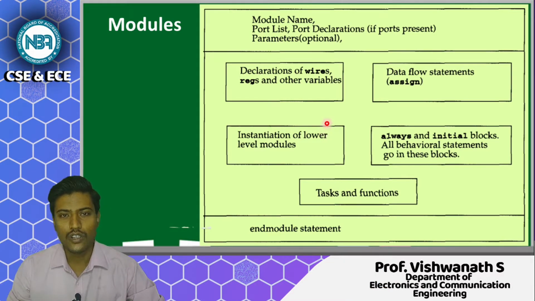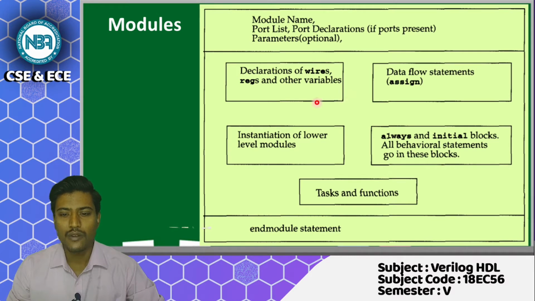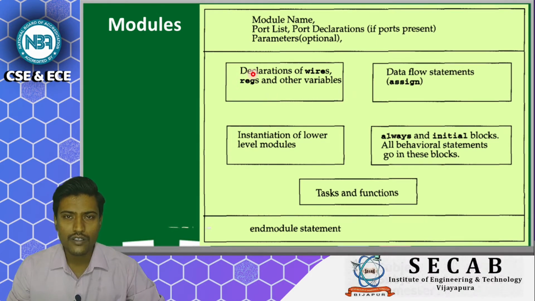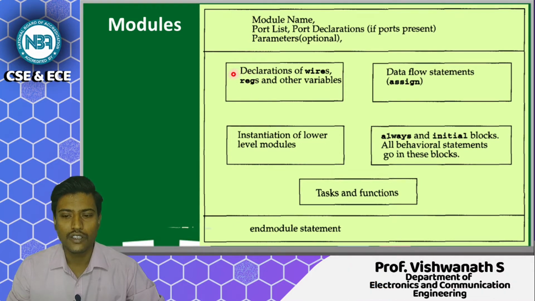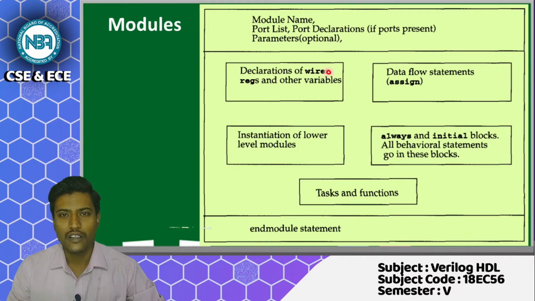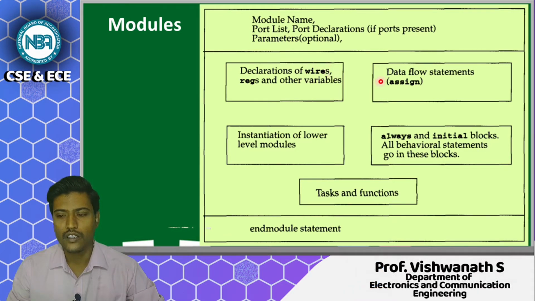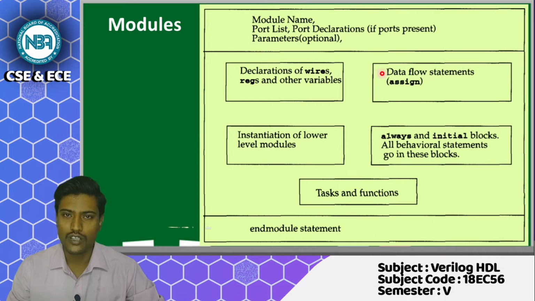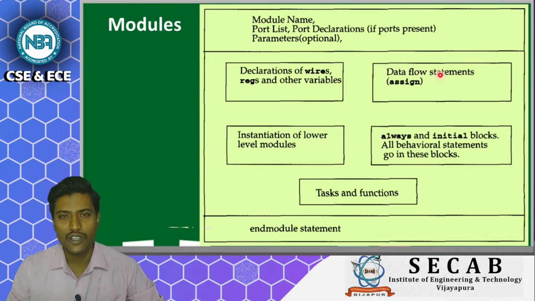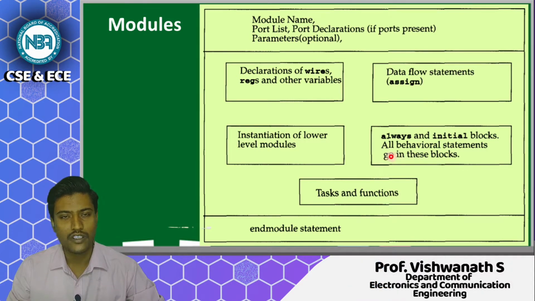Different types of statements in the sense that we might include some internal registers, which we declare with the reg keyword, and we might have some internal wires that need to be connected, so those wires will be declared. And then we might have gate level assignment statements or structural assignment statements, data flow assignment statements, and behavioral assignment statements.